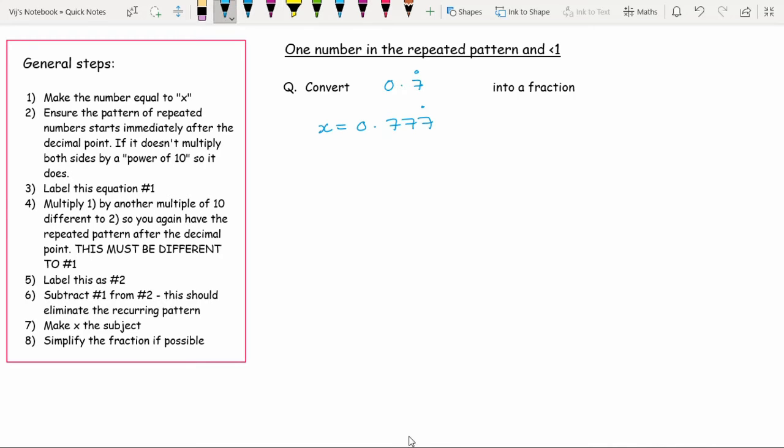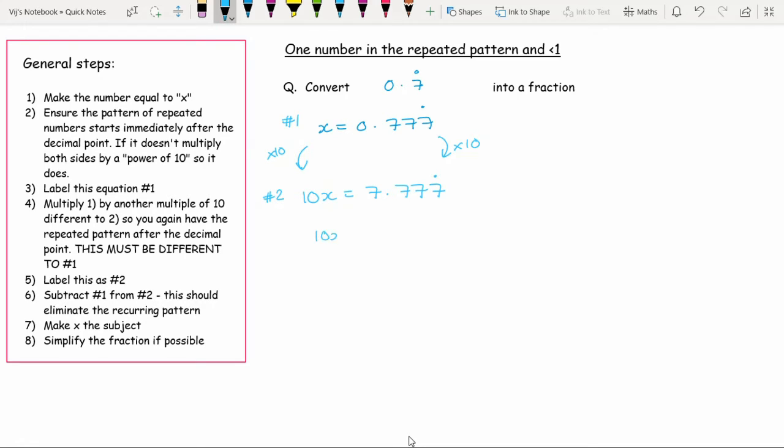The next thing we need to do is multiply both sides by 10, in which I get, oh, I forgot to label this hashtag 1 because that is important. Then I've got 10x equals 7.777 recurring. I'm going to label that as hashtag 2.